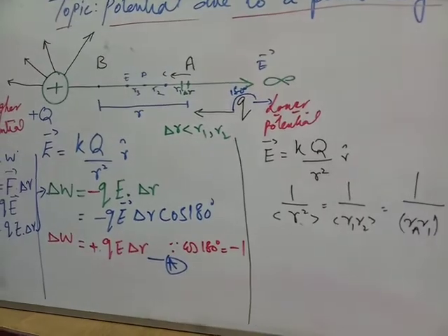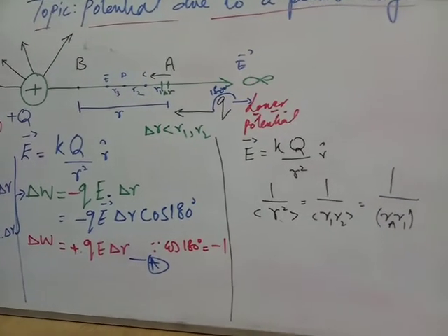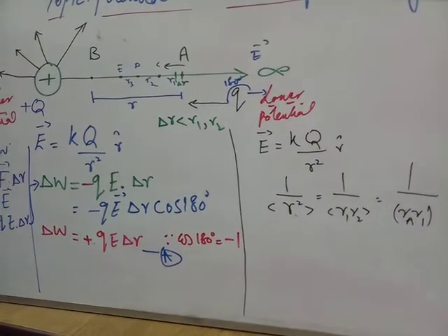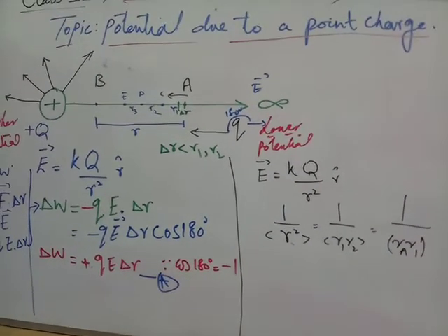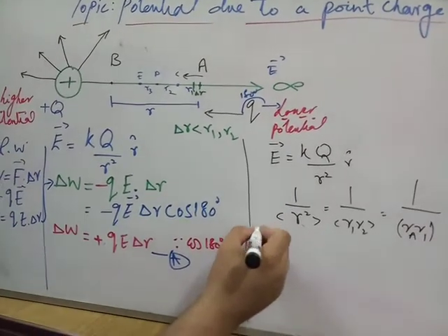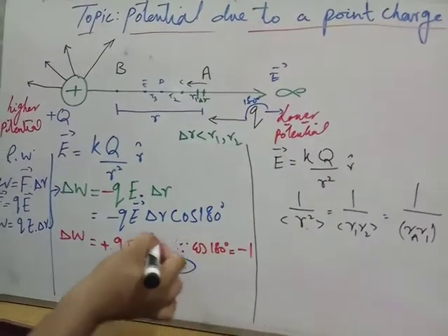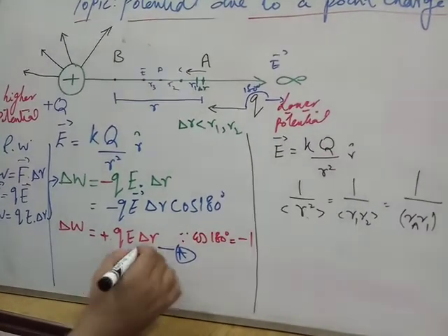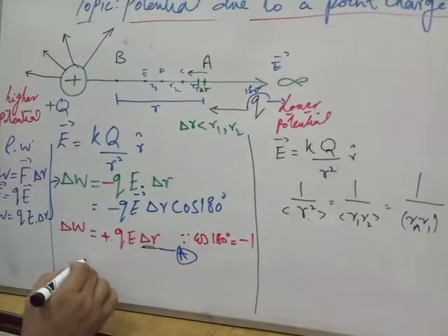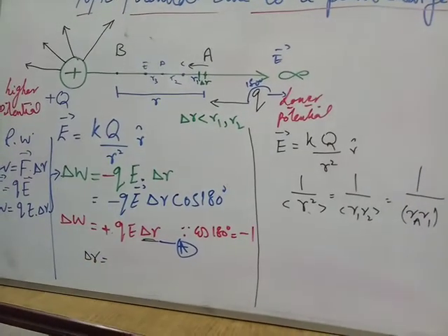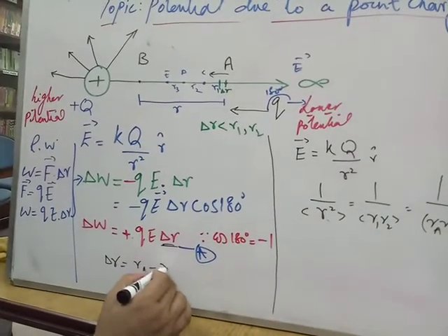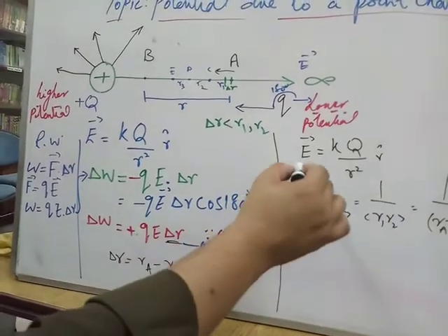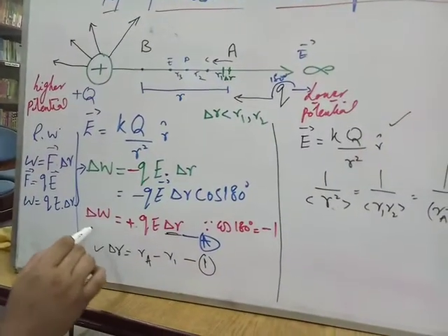So this R square, we can write in the form of RA R1. From the equation, if we put the values of E and delta R, what will be the value of delta R? So delta R is equal to RA minus R1. This is equation 1. So we can put the value of E and delta R in equation A.